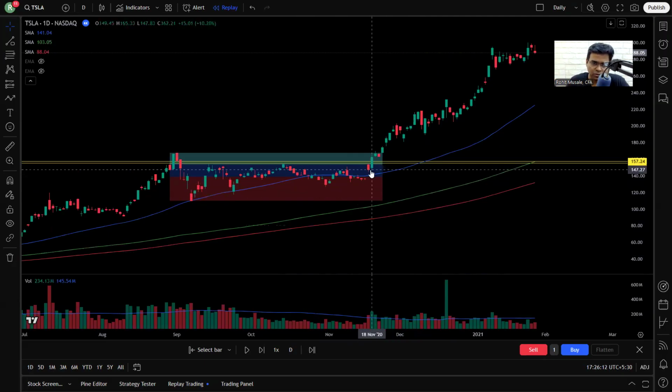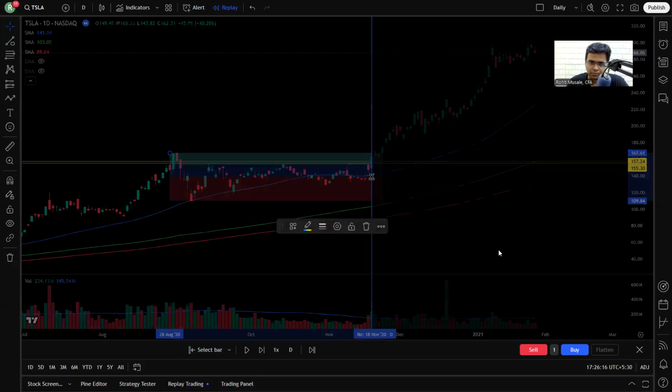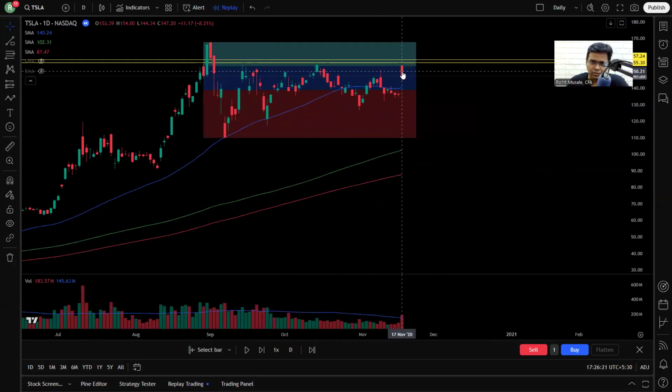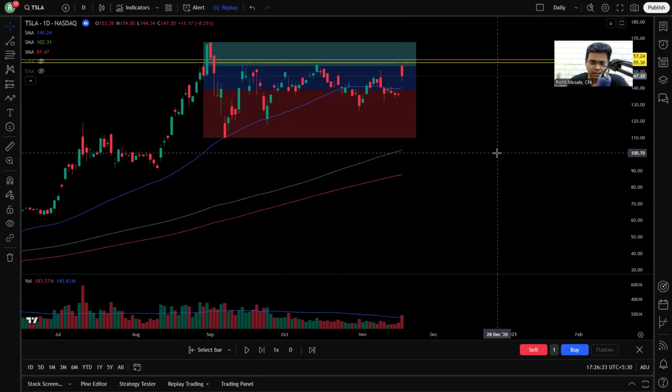If I buy the stock on this particular day, I am buying a falling stock. I am not buying a rising stock. Remember that in our breakout strategy, we expect the stock to open below the yellow line. We expect the stock to start going up on high volume.